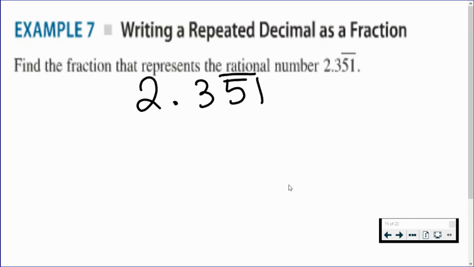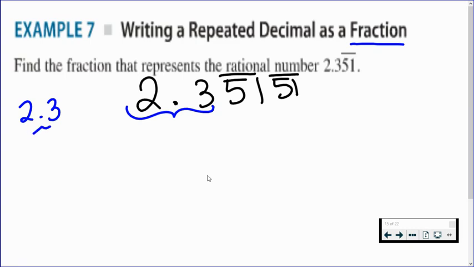And we know that only the part 51 is going to be repeating forever. So 2.3 is not part of this infinite geometric sequence. I'm going to take the 2.3 on the side, change it into a fraction, and save it for later.